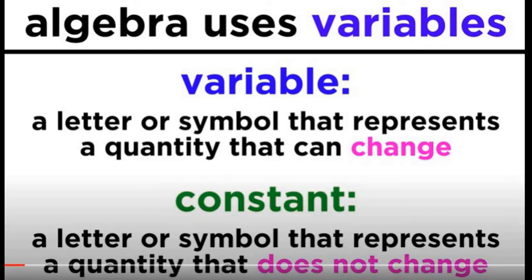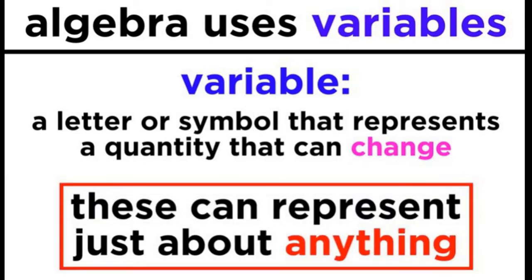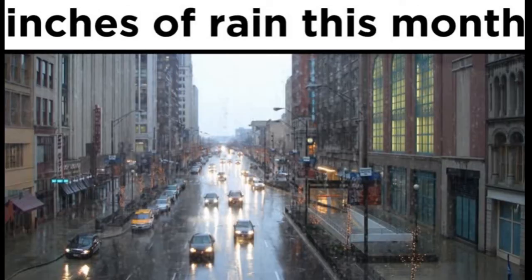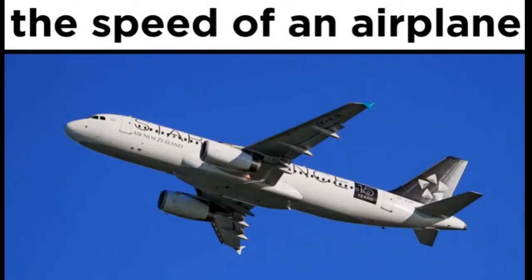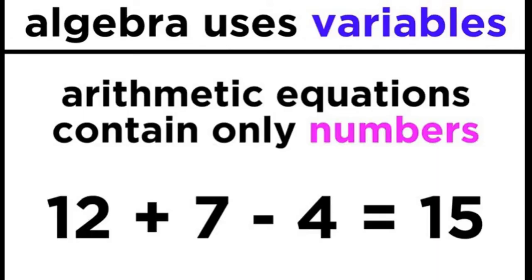This is different from a constant, which is a letter symbol that represents a quantity that does not change. A variable can be just about anything: the inches of rain in your town in particular months, the price of gasoline, the speed of a plane, whatever it is that you want to do math with.